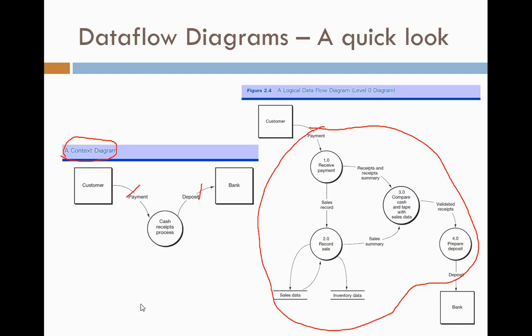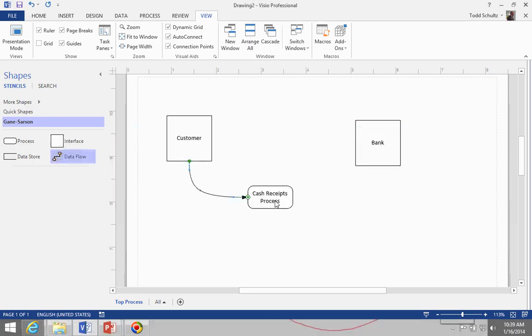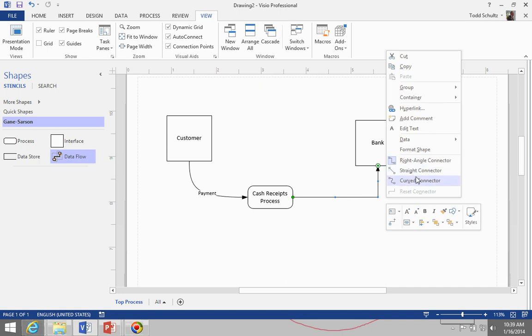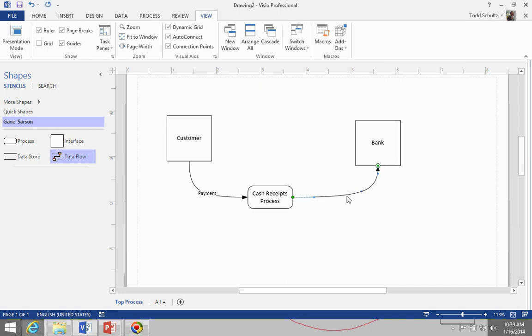And what was coming in was a payment, and what was going out was a deposit. So if I click on this guy and say payment, it'll put the label. And the labels are important. Everything gets a label, except perhaps the data flows in and out of a data store. You should have learned about that in class because it's kind of understood. And deposit.